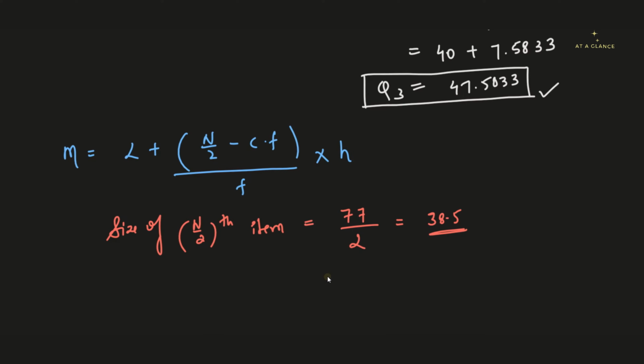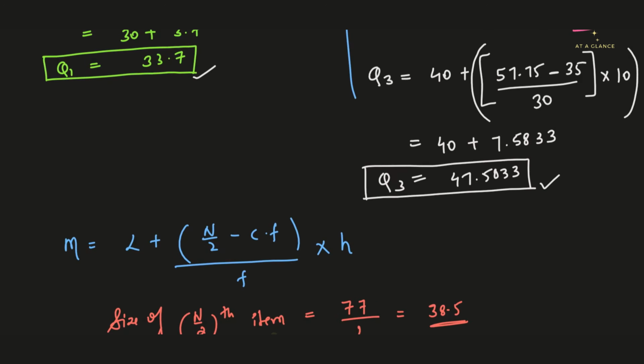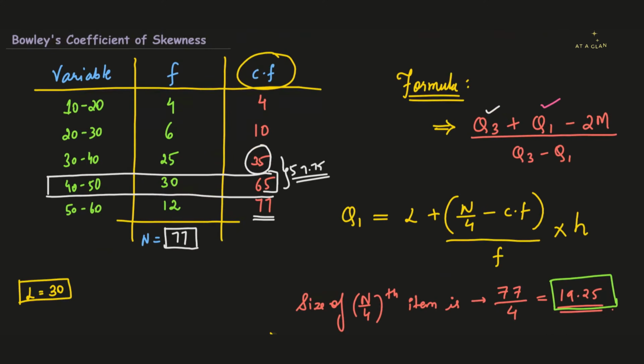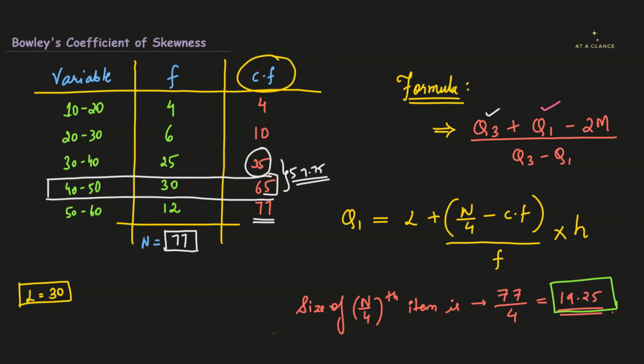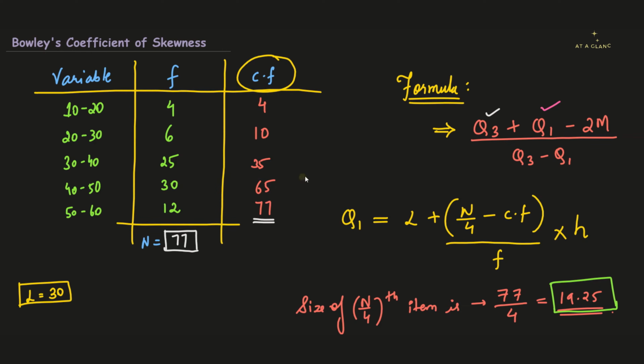So this N by 2th value will now be used to find out the interval. So which interval will be chosen? This N by 2 value will decide. So let me erase the previous interval part. If you remember, our N by 2th value is 38.5, which lies between 35 and 65.